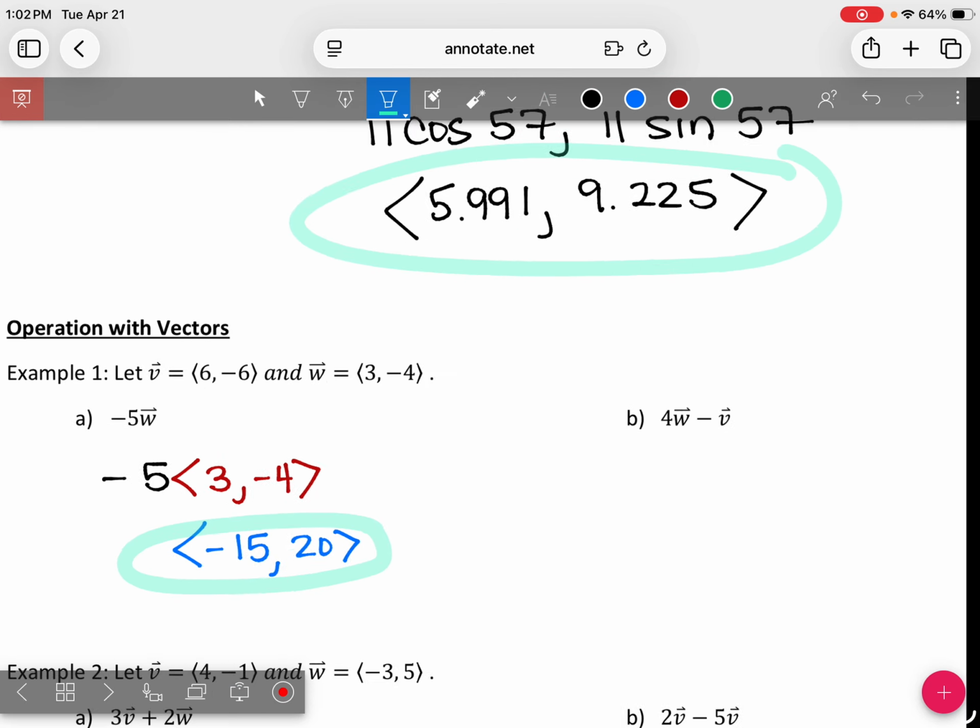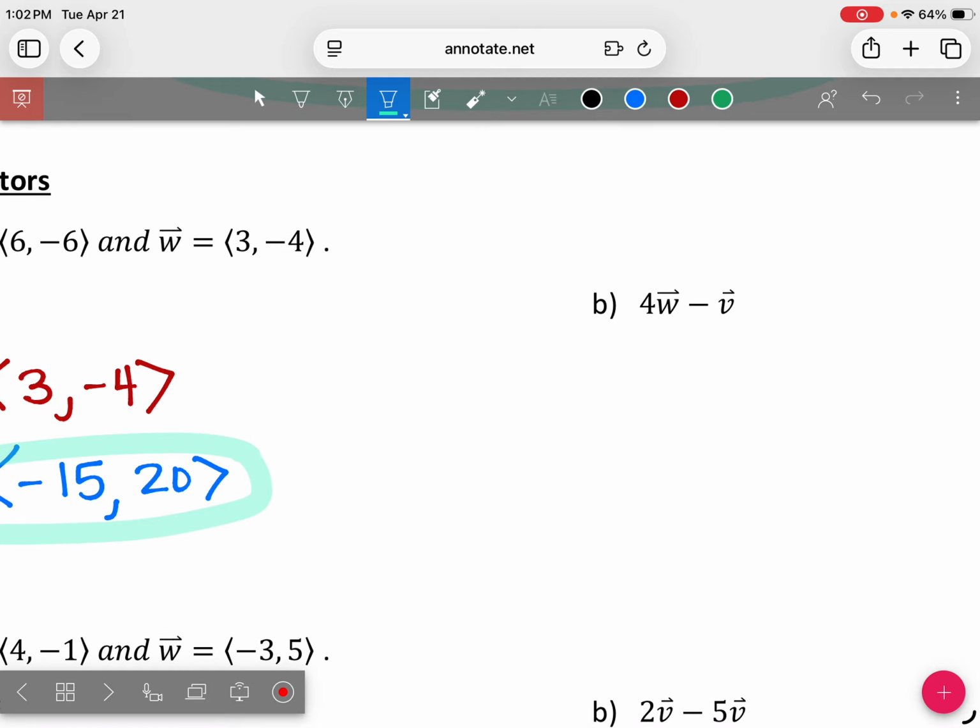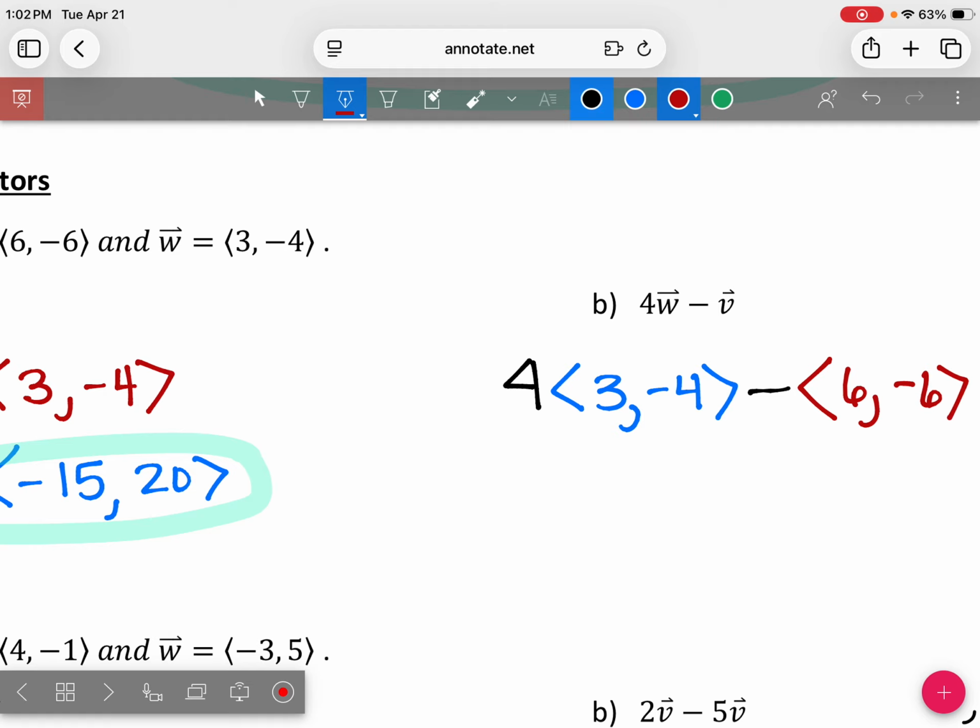So for question B says take 4 and multiply 4 times W. And there's a couple ways you could do this one, but the way I did it was I multiplied the first vector by +4 and the second vector by -1. And then I added them.